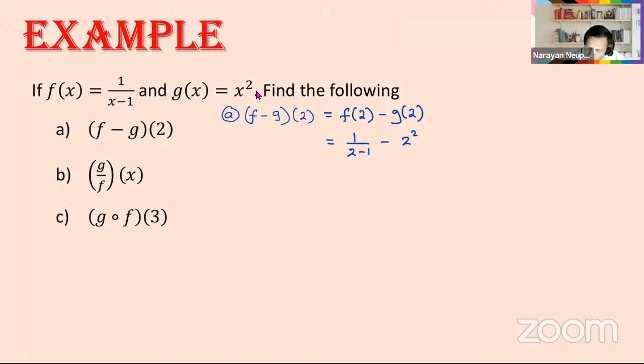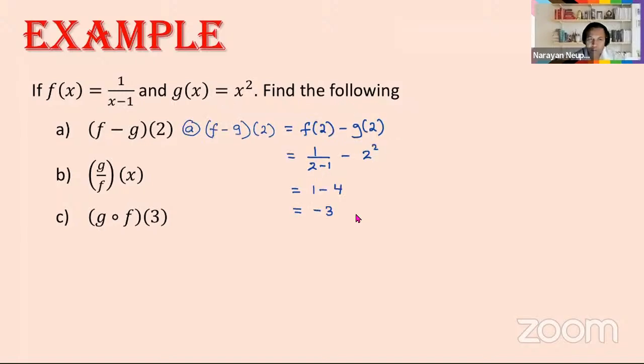That is equal to 1 over 2 minus 1. 2 minus 1 is 1, so 1 over 1 is 1. 1 minus 2 squared, which is 4. So 1 minus 4 is negative 3. So the first part, f minus g of 2, is negative 3. Basically, what we are doing here is plugging in the value and then computing the value of the function. That is what we did in part A.